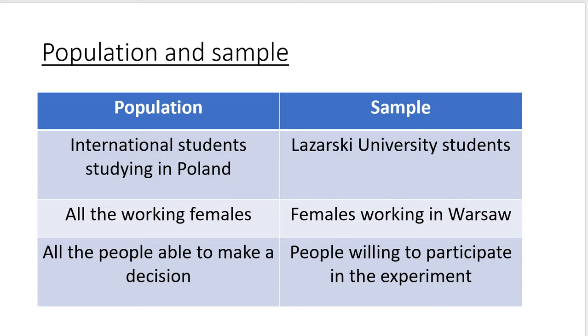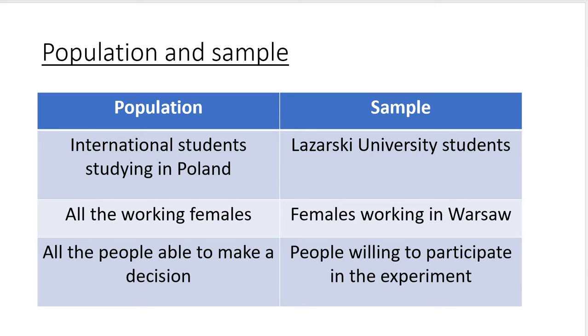Imagine that your research is devoted to behavior of international students, students from countries other than Poland, who study in Poland. There was quite a significant number of those students, and obviously, as a researcher, you wouldn't be able to survey all the international students studying in Poland.